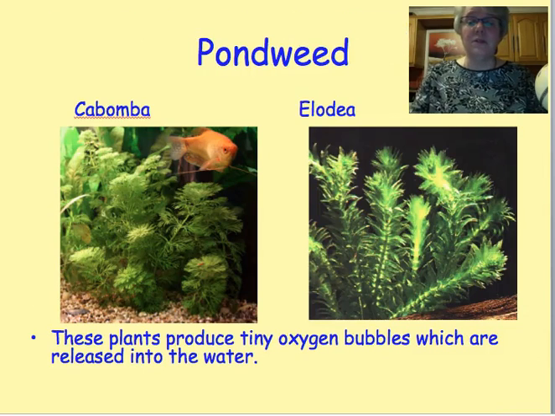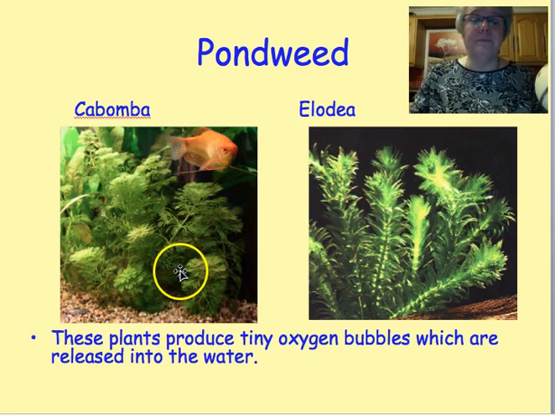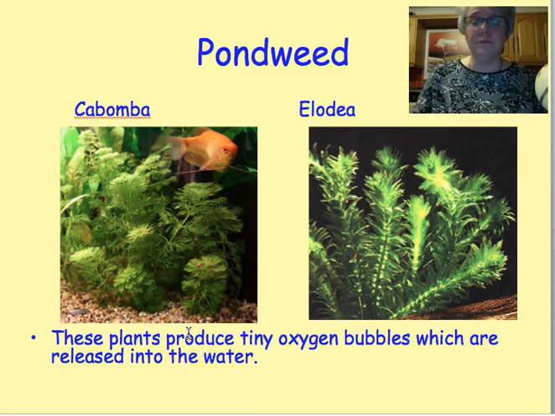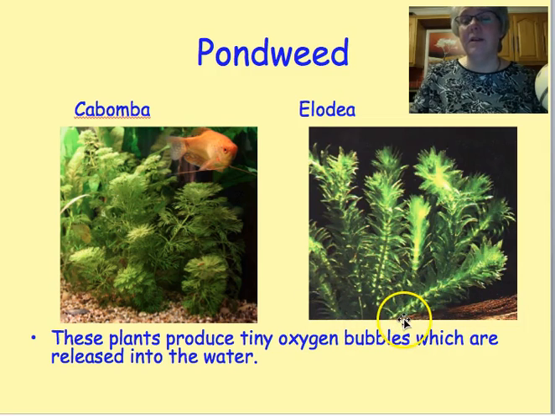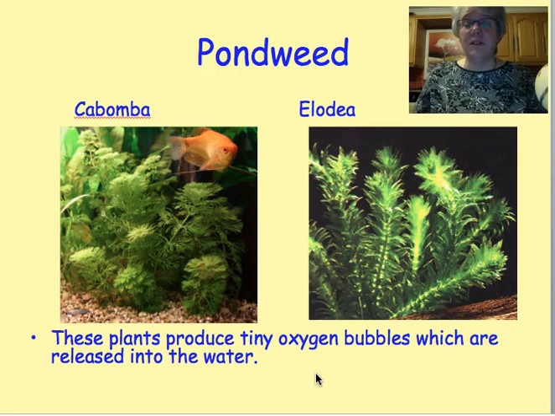And these are the two plants that you come across in photosynthesis and limiting factors questions. One of them is called cabomba, and you have used cabomba in the classroom already. And the other one is a very similar water plant, and it's called elodea. And what happens is that when these plants are photosynthesizing, they produce little bubbles of oxygen, and these little bubbles of oxygen can be counted.